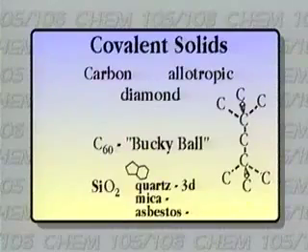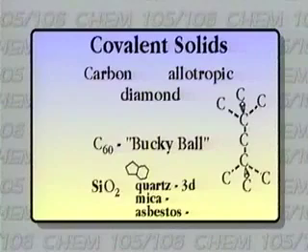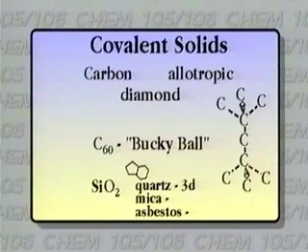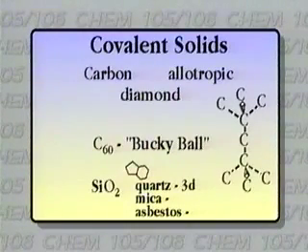The last one is silicon dioxide, and it has three allotropic forms. Quartz, which is a three-dimensional structure, looks a lot like diamond. It's SiO2 units in a tetrahedral geometry, covalently bonded. Quartz is, again, a very hard substance, not as hard as diamond, but fairly hard.